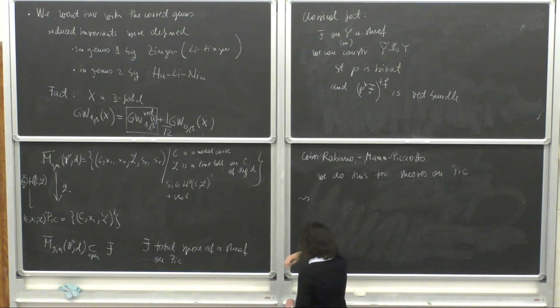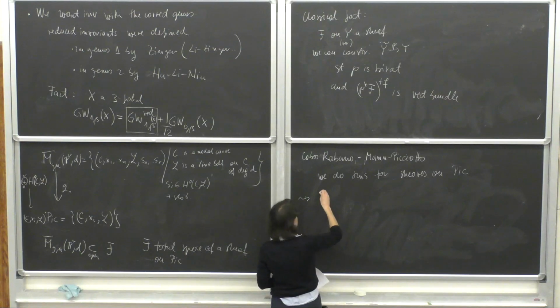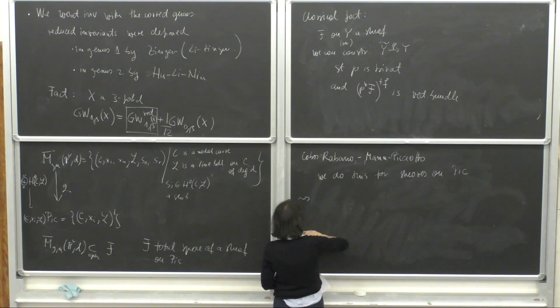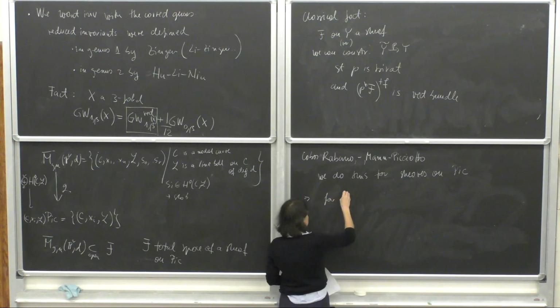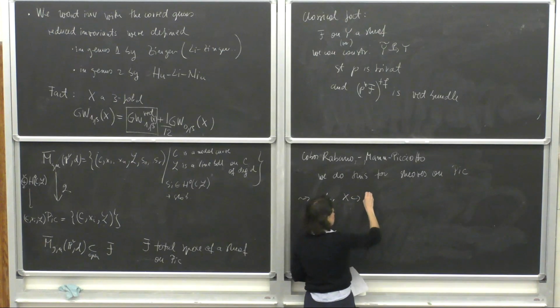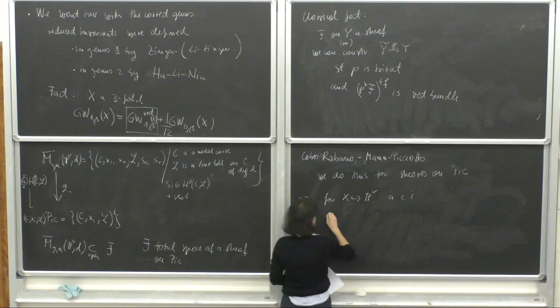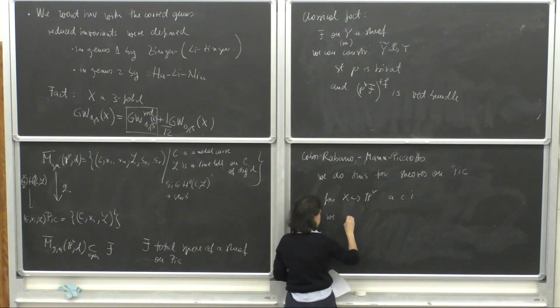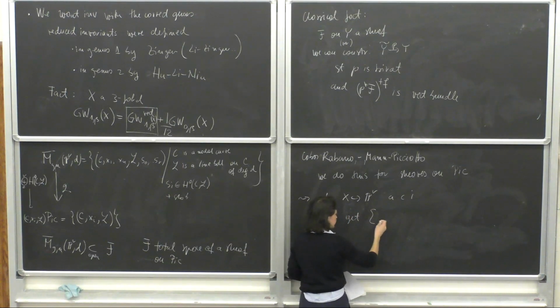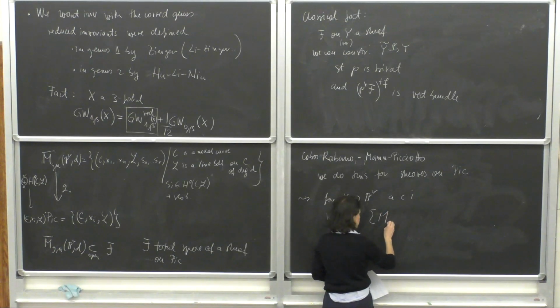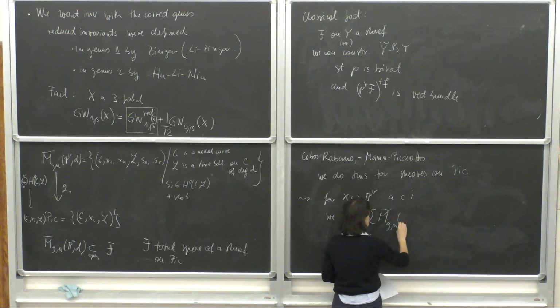So in the end, for X inside the projective space, a complete intersection, we get a virtual class for MGN X beta.